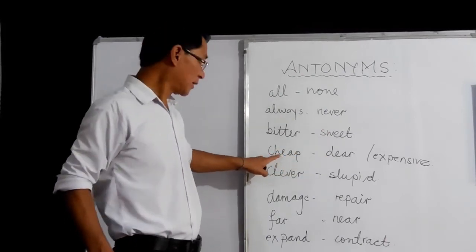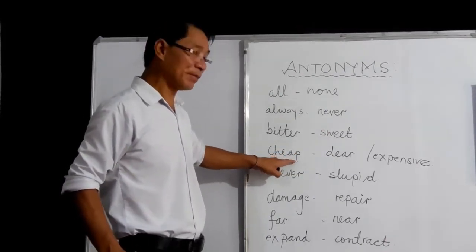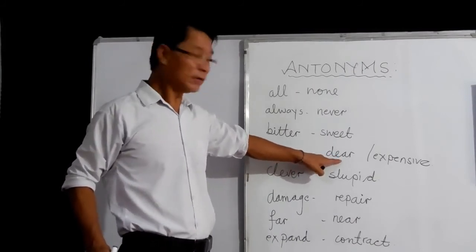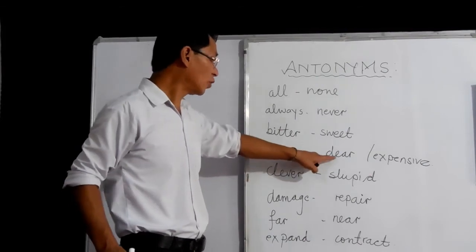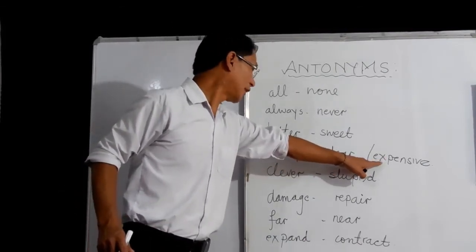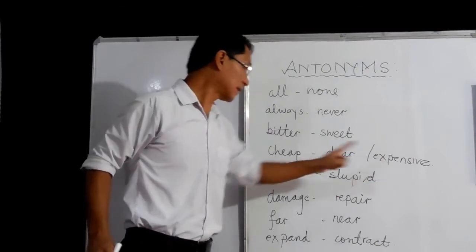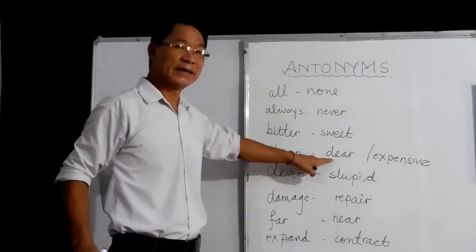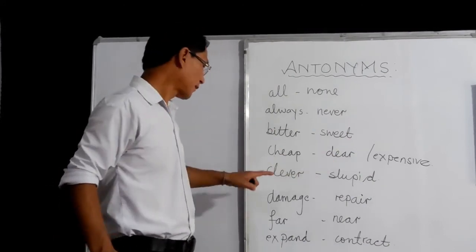Cheap means sasto, C-H-E-A-P, cheap. D-E-A-R, dear. Here dear means expensive, not beloved. Cheap and expensive are antonyms. Say, the apple is very cheap. An apple is very dear.